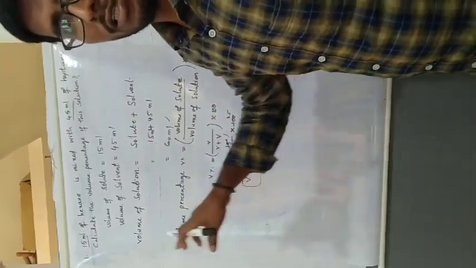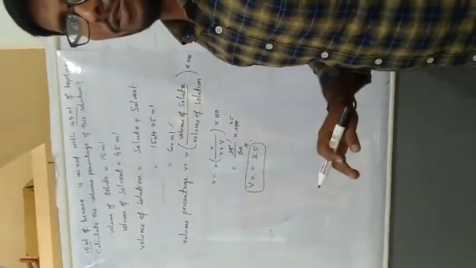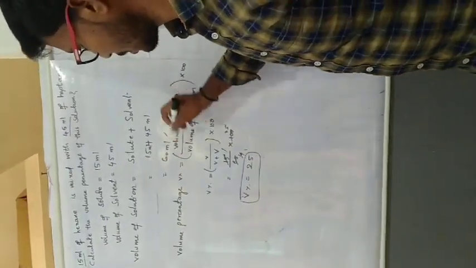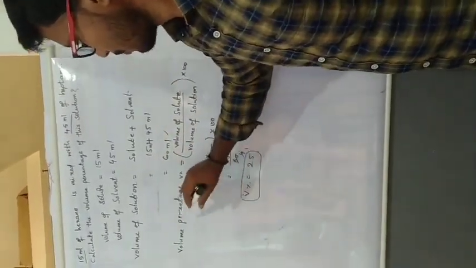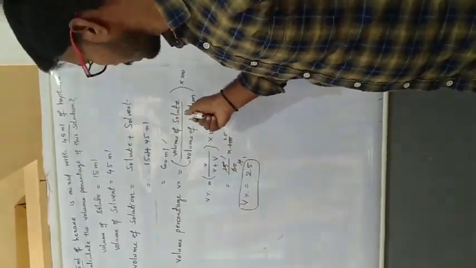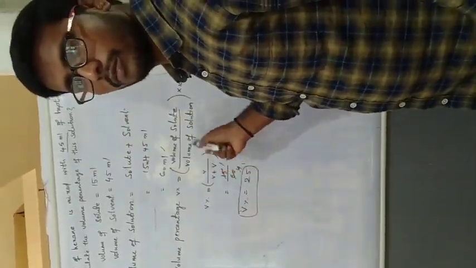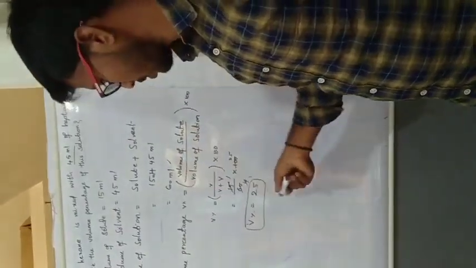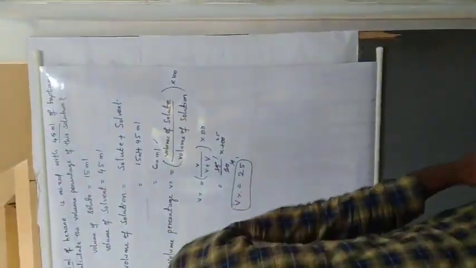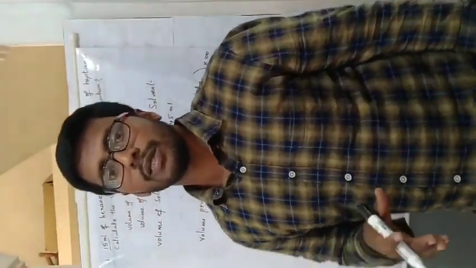First we find the volume of solution, solute plus solvent, total 60 ml. Next step is volume percentage: volume of solute by volume of solution into 100. Finally we get the answer 25%. So this is the method to find the volume percentage.